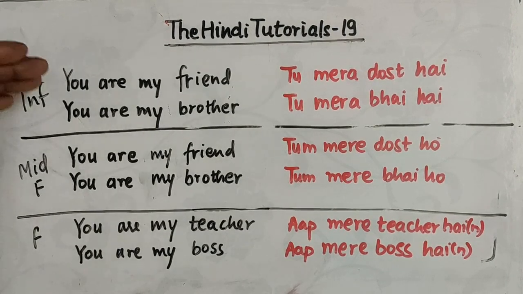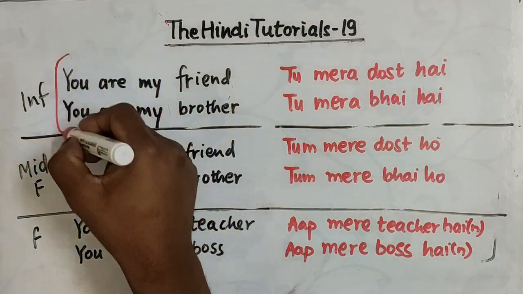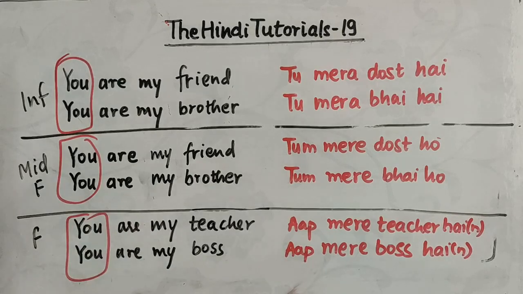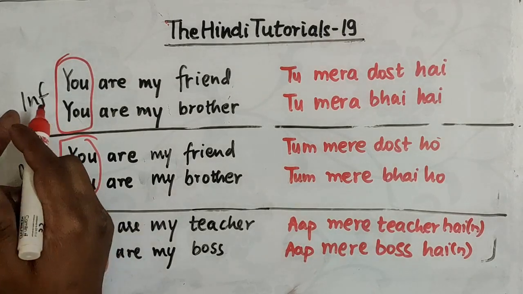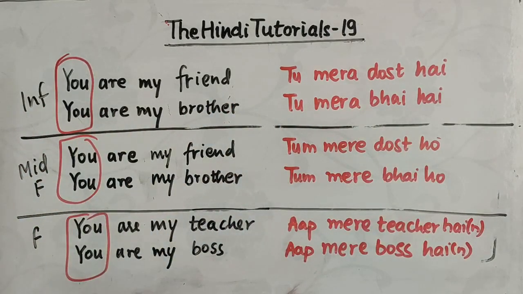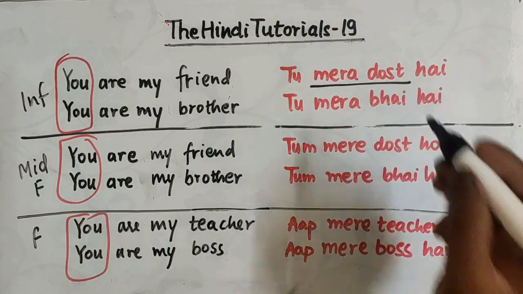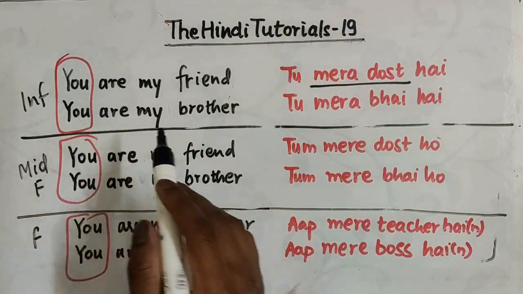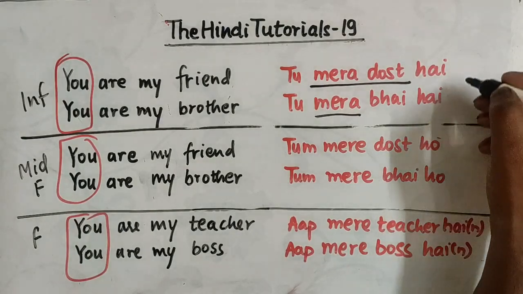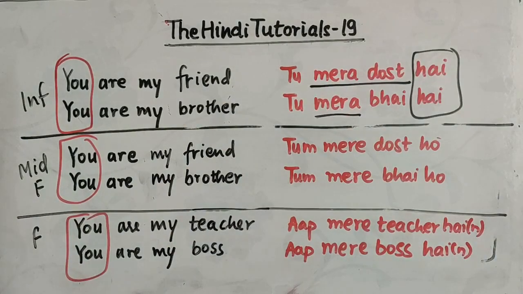We see 3 sets of words, all of them referring to you, but at different respect levels. Now first talking about informal. You are my friend. तू मेरा दोस्त है. You are my brother. तू मेरा भाई है. Also notice that we have used है.